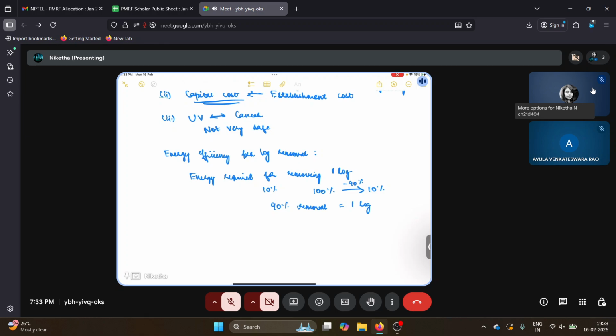So the amount of energy which is required for removing 90% of the pollutant equals the energy efficiency per log removal. Energy efficiency per log removal is how much energy is required for 1 log, or 90% removal of the pollutant.